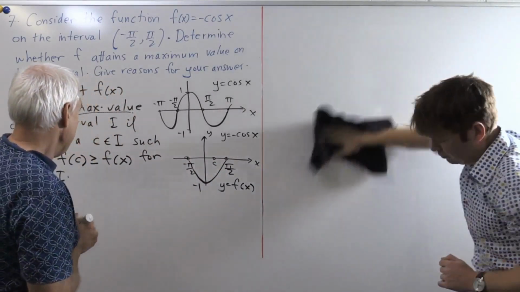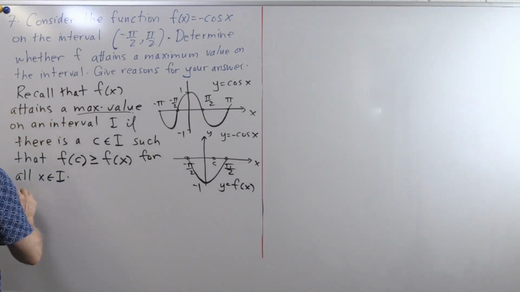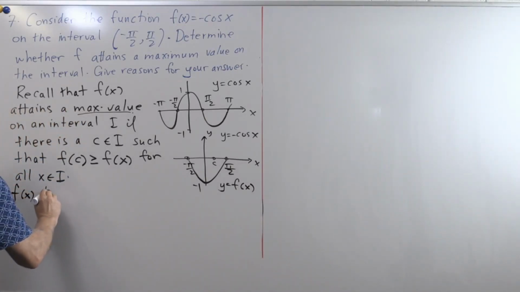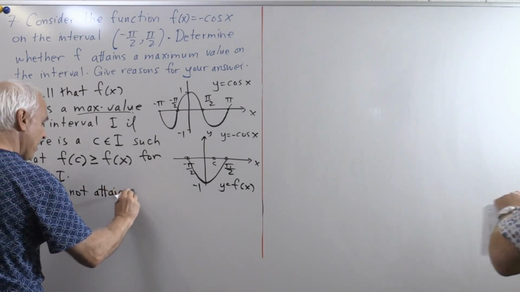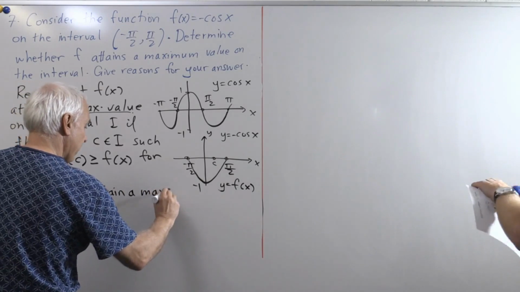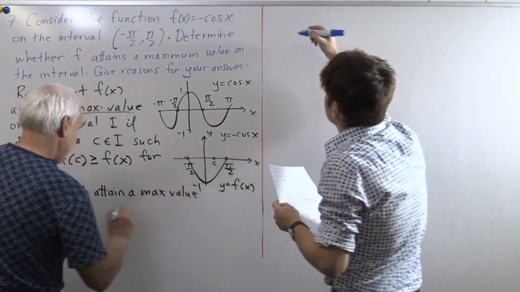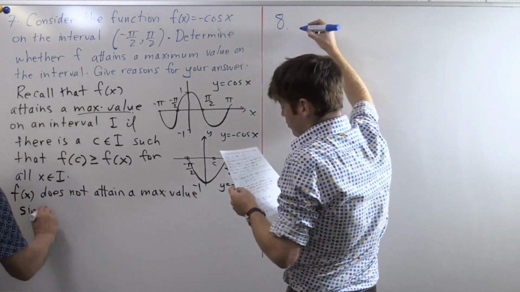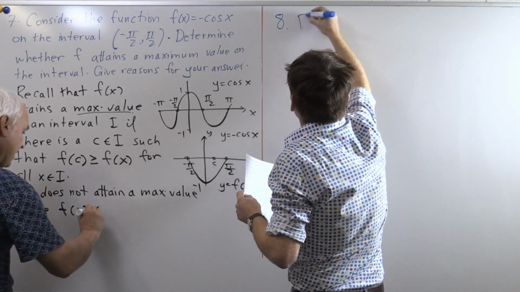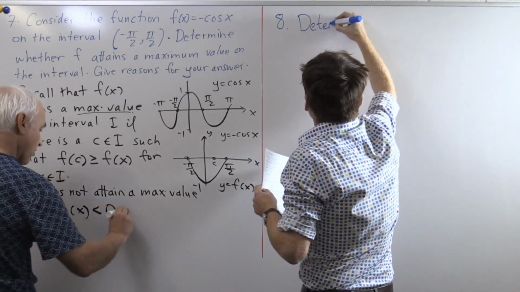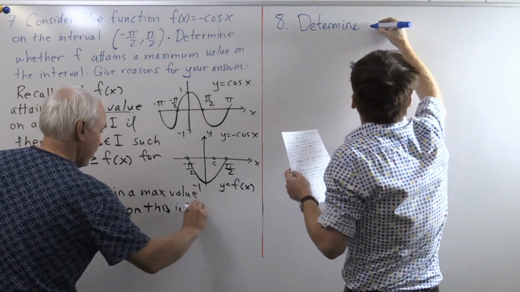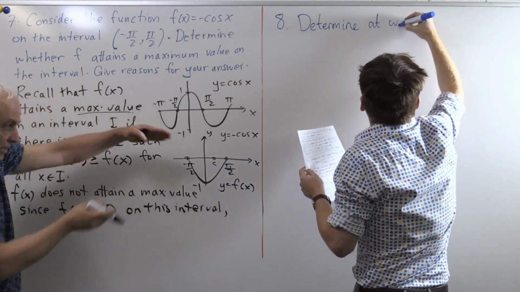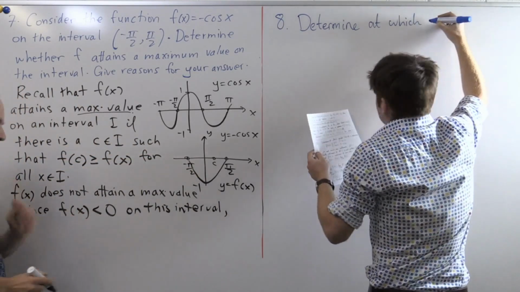Okay, so our function f of x does not attain a maximum value since f of x is always less than 0 on this interval. So we can see that it's always less than 0.